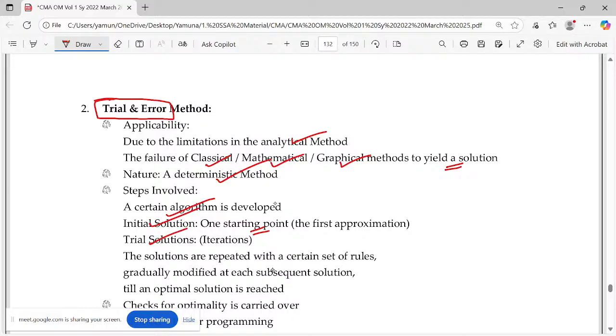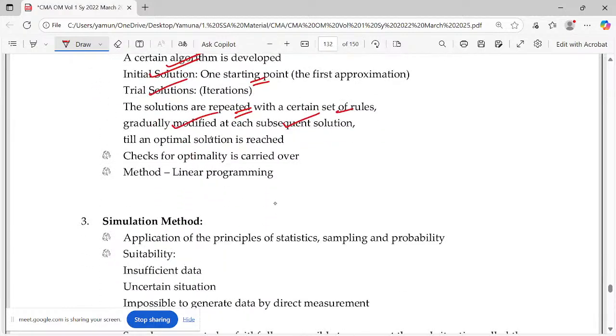We go for a trial solution, repeat a certain set of rules, and gradually modify each subsequent solution until we find the optimal solution. We check for optimality. For example, in linear programming we have the simplex method, the transportation method, and the assignment method.